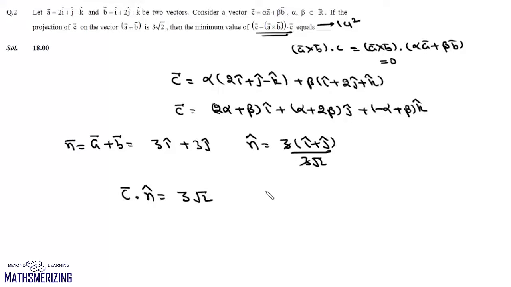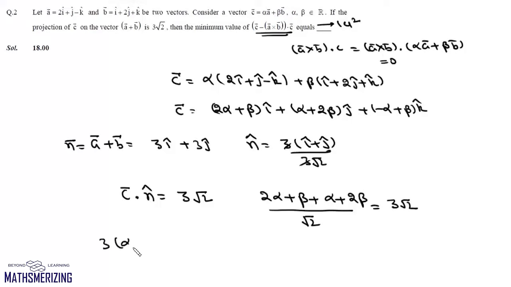If we take the dot product, we'll get 2 alpha plus beta plus alpha plus 2 beta upon root 2 will be equal to 3 root 2, or 3 times alpha plus beta will be equal to simply 6, or the value of alpha plus beta is 2.